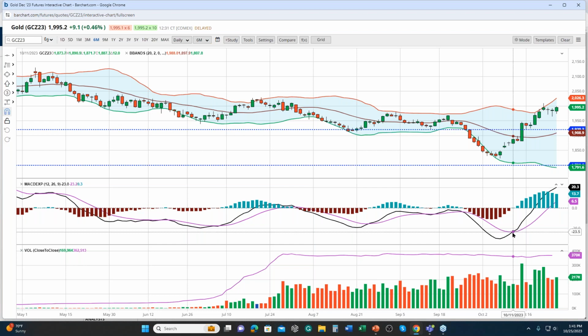There's our crossover, right? As we break through our mean, that catalyst gives us permission to ride this price action as we move from the outer band to the outer band. Well, there we go. There's our spike in volume.